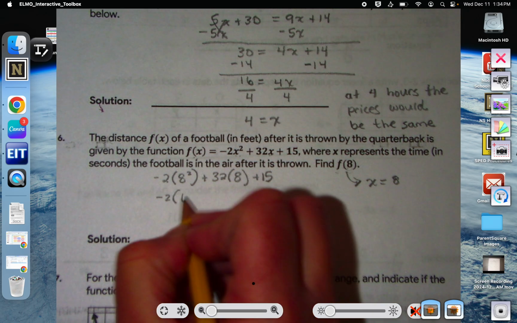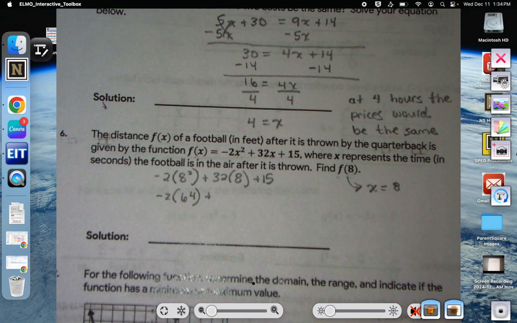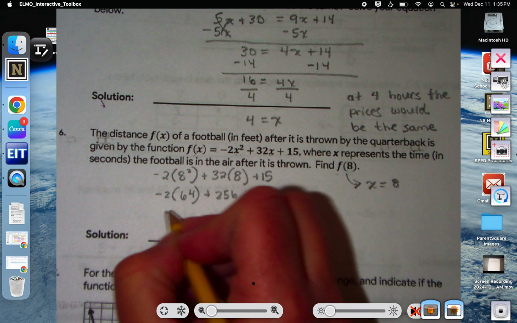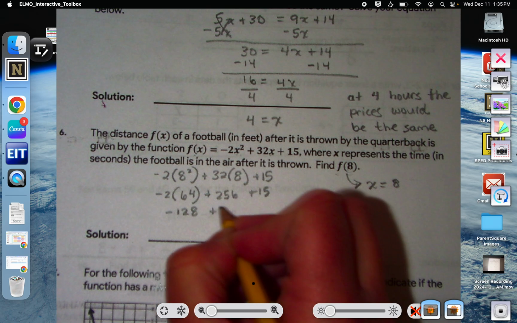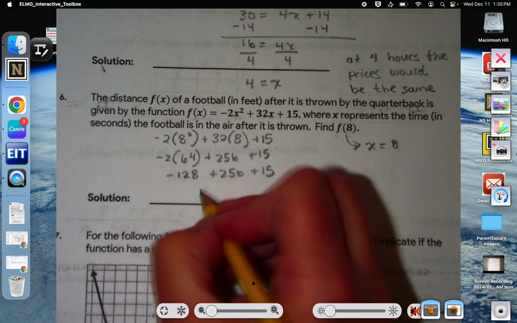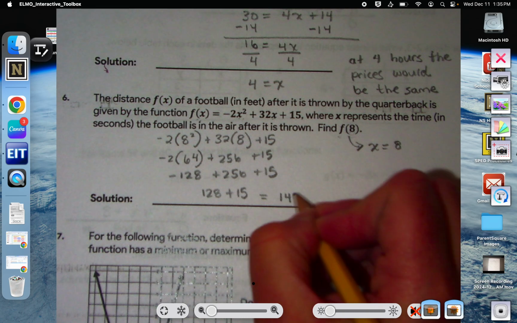So -2 times 64, because remember we do exponents first, plus, hold on, let's see, what is 32 times 8? 256 plus 15. So I'm going to end up with -128 plus 256 plus 15. So I end up with 128 plus 15, which will give me 143.